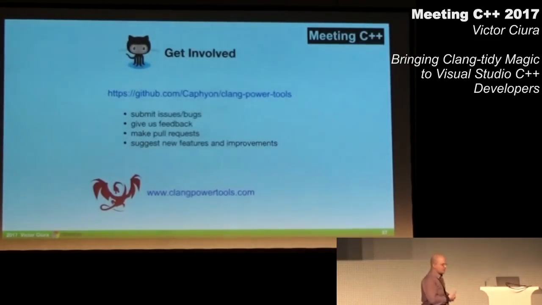We were pleasantly surprised by people eager to contribute, and we have actually had pull requests and suggestions, and people sending us project files that didn't work for them, or some custom Visual Studio property sheets with some custom configuration scenario. And they were very eager to help us and help us debug issues.